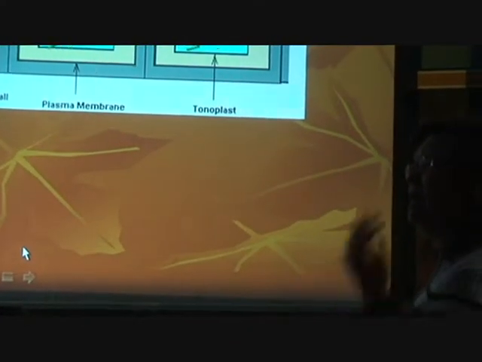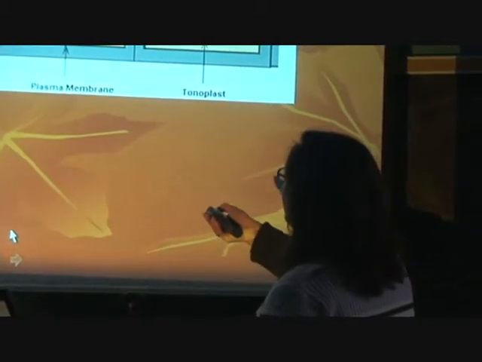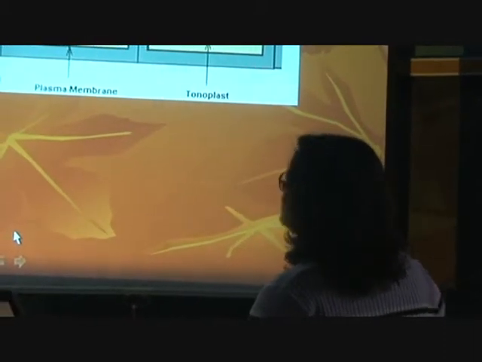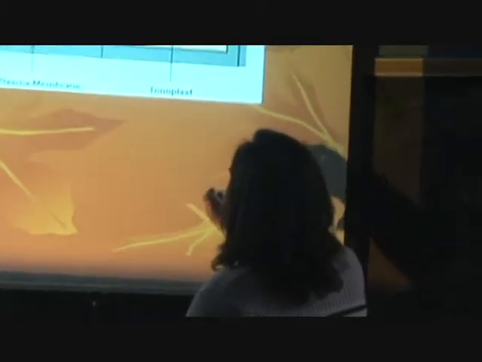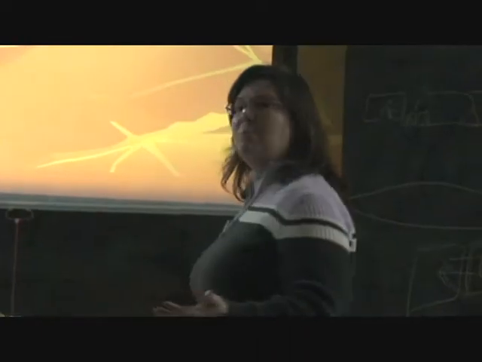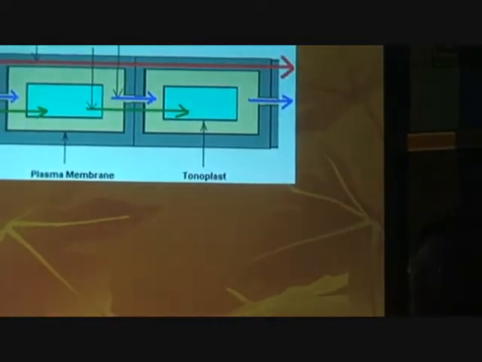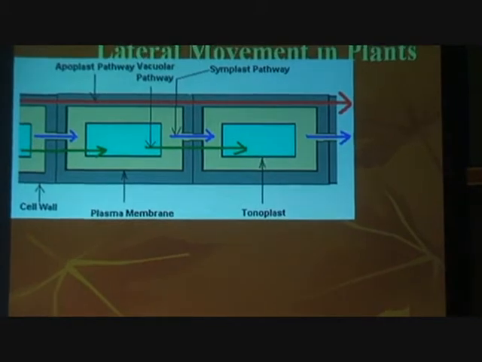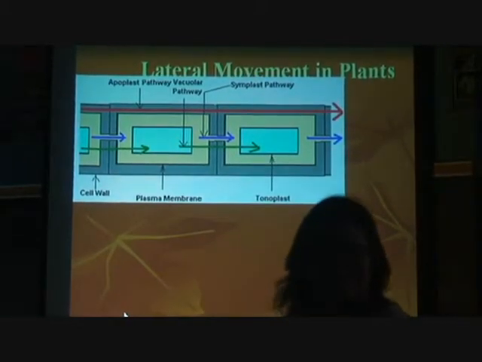So it turns out that liquid moves through the cell wall, so stuff can actually transport cell to cell to cell straight through the cell wall. And the compartment of the cell wall is considered its own compartment because it can house stuff. It's called the apoplast. A-P-O-P-L-A-S-T. Of course, the movement, if it's moving from cell wall to cell wall to cell wall, is apoplastic movement.